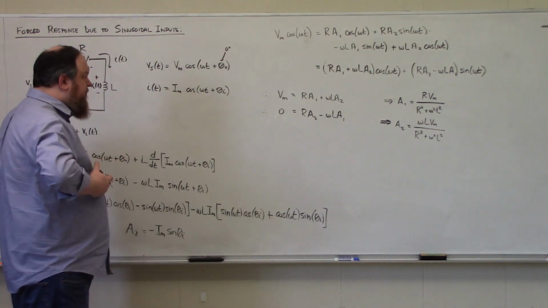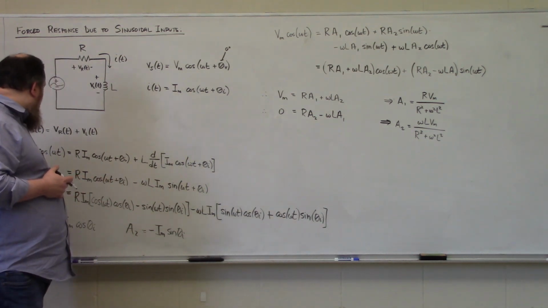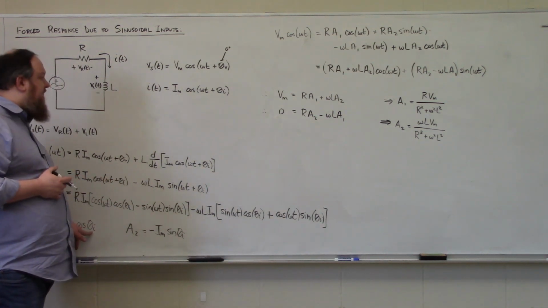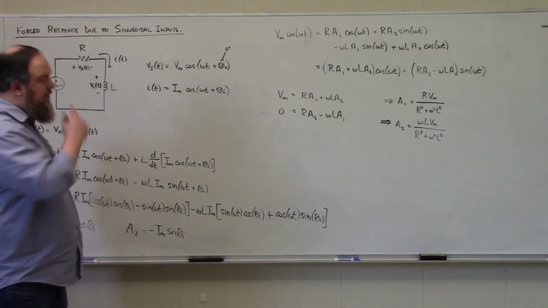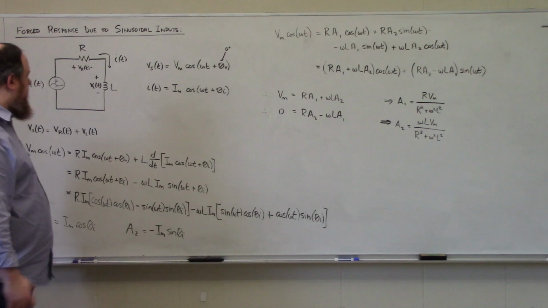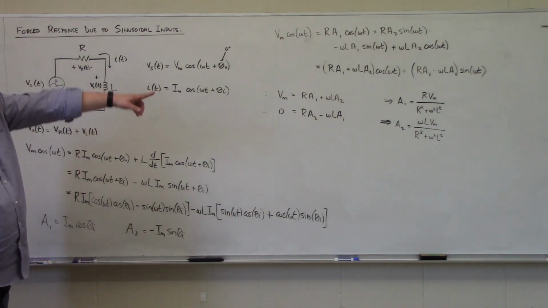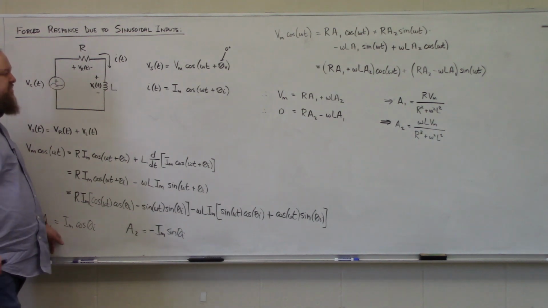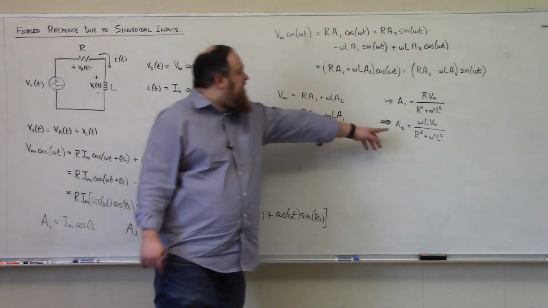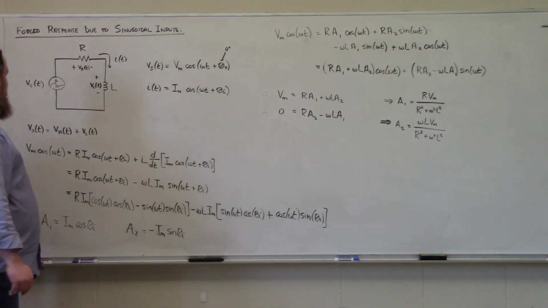Now our goal is to get Im and theta I in terms of R, L, and Vm. We can actually do this by setting this equation for A1 equal to this equation for A1 and this equation for A2 equal to this equation for A2.